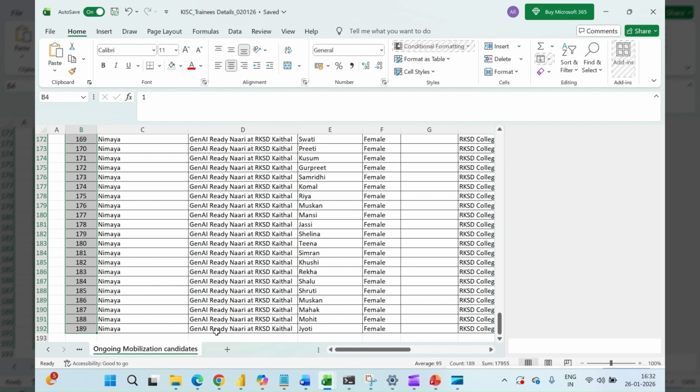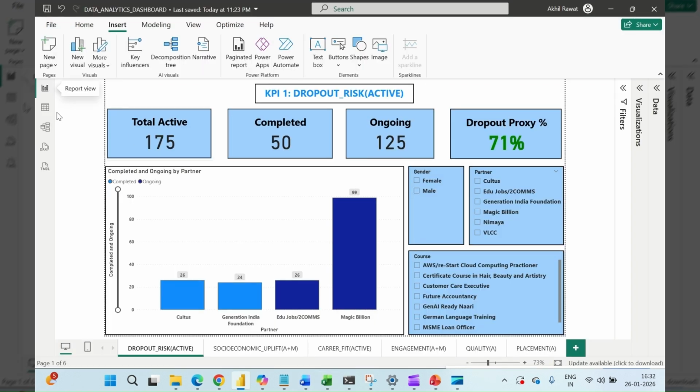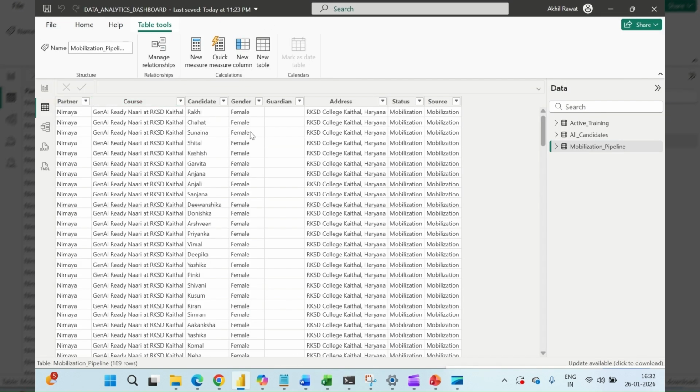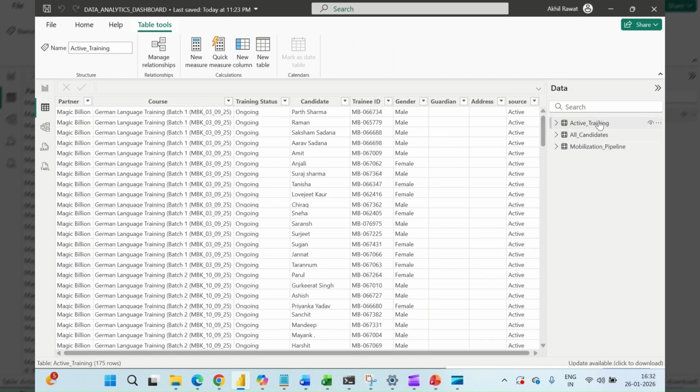The same data I put in Power BI. Let me show you. Let me go to the table view, and you can see the active training table. This is the active data, the current active students, 175, and the mobilization pipeline should be 189 as it was in Excel.